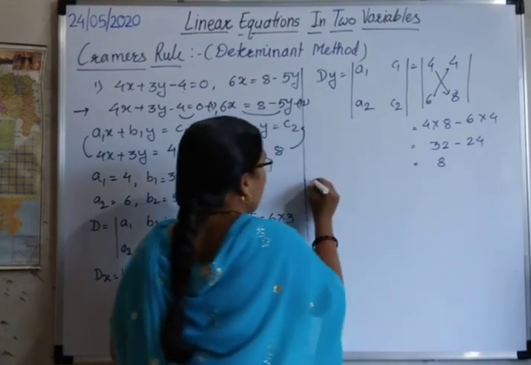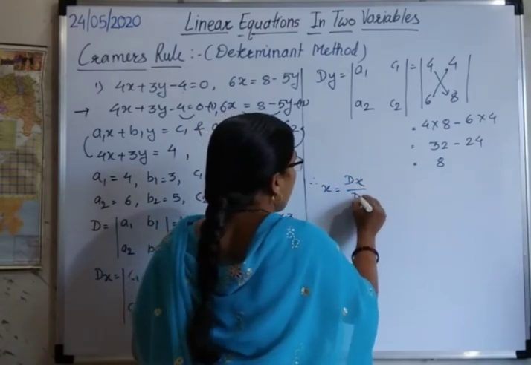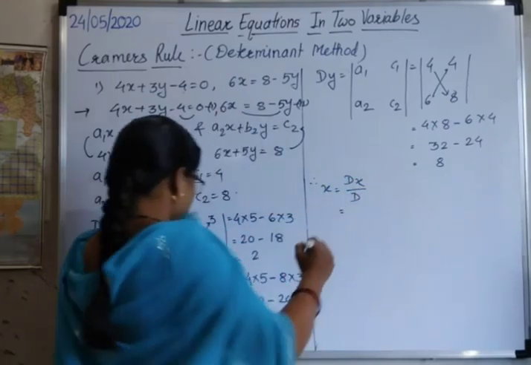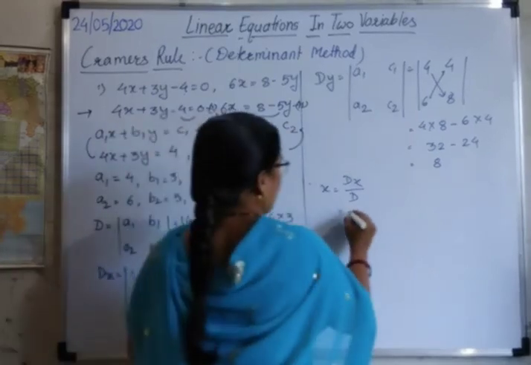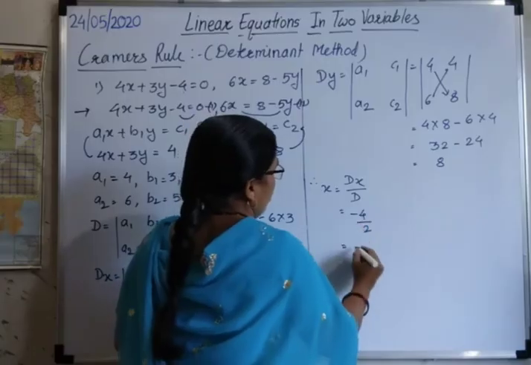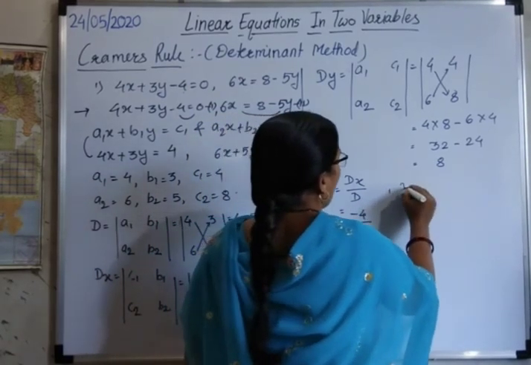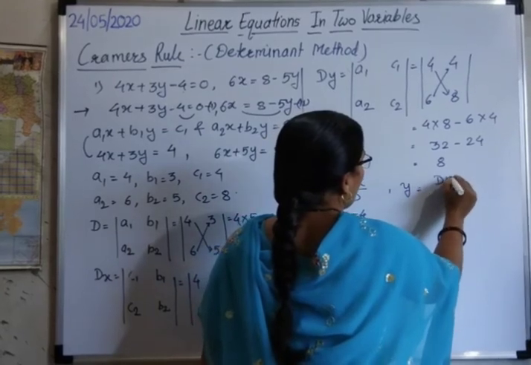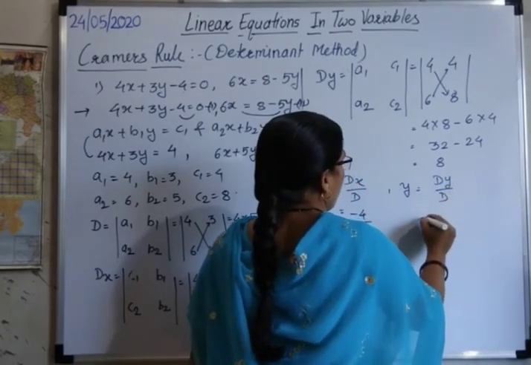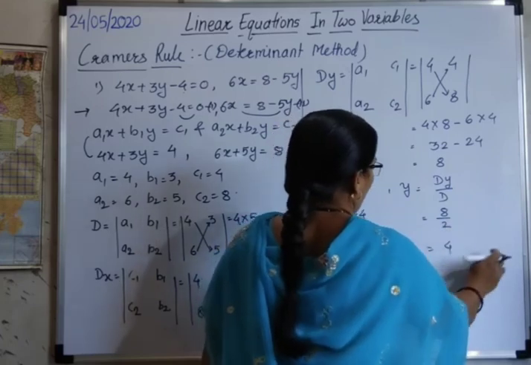Therefore, x is equal to Dx upon D, which is equal to the value of Dx we got here, -4, and D is equal to 2. It is equal to -4 upon 2, which is equal to -2. And the value of y is equal to Dy upon D, which is equal to 8 upon 2, which is equal to 4.